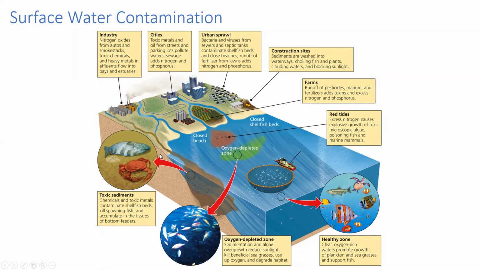These industries dump contaminated water, which has a lesser amount of oxygen dissolved in it. So near those dumping sites, all the water life dies because of the lack of oxygen present in the water.